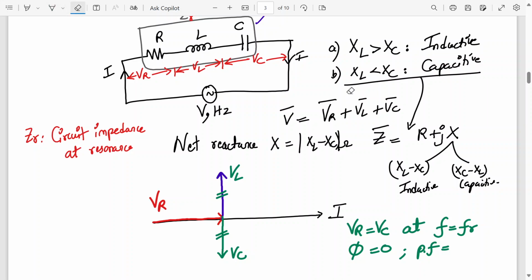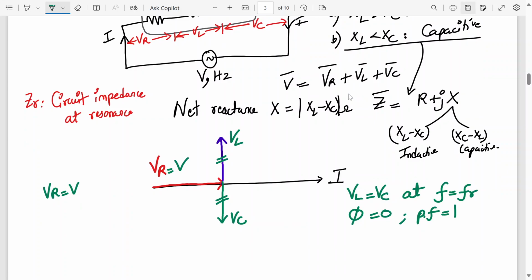VL. Yes, absolutely. So power factor 1 is the most desirable form. And here, can I say VR will be equal to V? Because the circuit is becoming resistive now. Neither is it inductive nor capacitive. Yes or no?